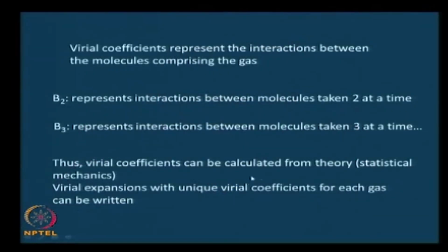So from very basic theory, we can calculate B2 and B3. Here I am not going to show you those calculations, I am just going to probably present the expressions maybe later on. And as mentioned earlier, virial expansions with unique virial coefficients for each gas can be written. Therefore, B2, B3, B4 and so on are going to be different for different gases.